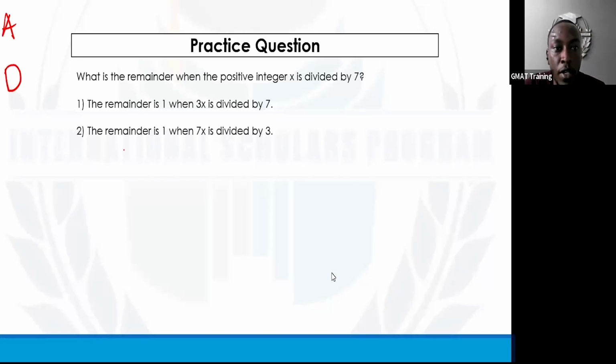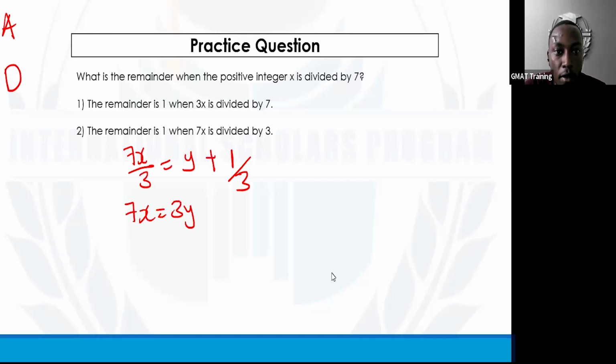The remainder is 1 when 7x is divided by 3. So we have a quotient again plus 1 over 3 this time. So this is 7x equals 3y plus 1. Let's find a set of x and y that are integers. We need to find a multiple of 7 for 3y plus 1.